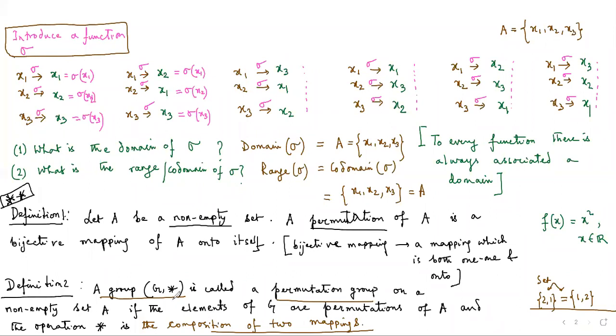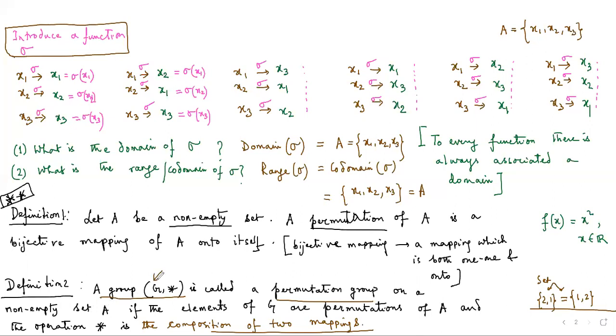So to get a permutation group, first of all, you have to define the set capital A. You have to be sure enough about the set capital A. If the set capital A is defined properly, then we can apply the permutation function on the set A, and the permutations which come out of it will be included in the set capital G. Here you see there are two sets.